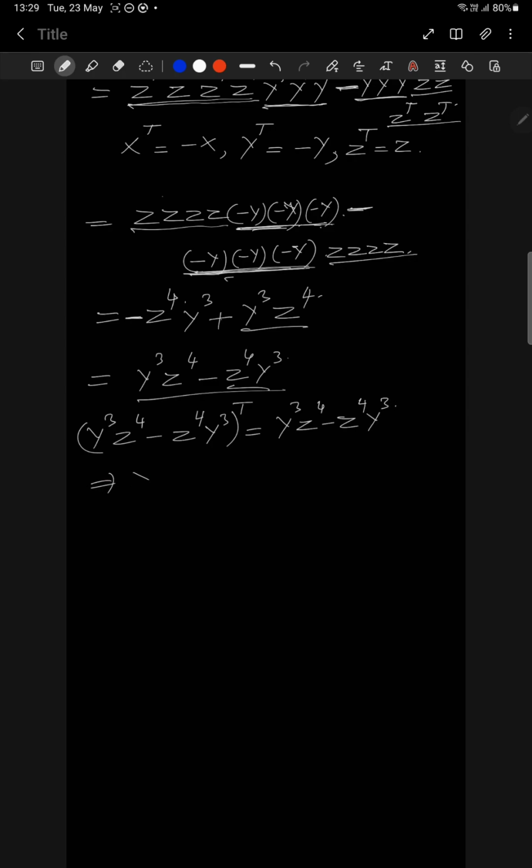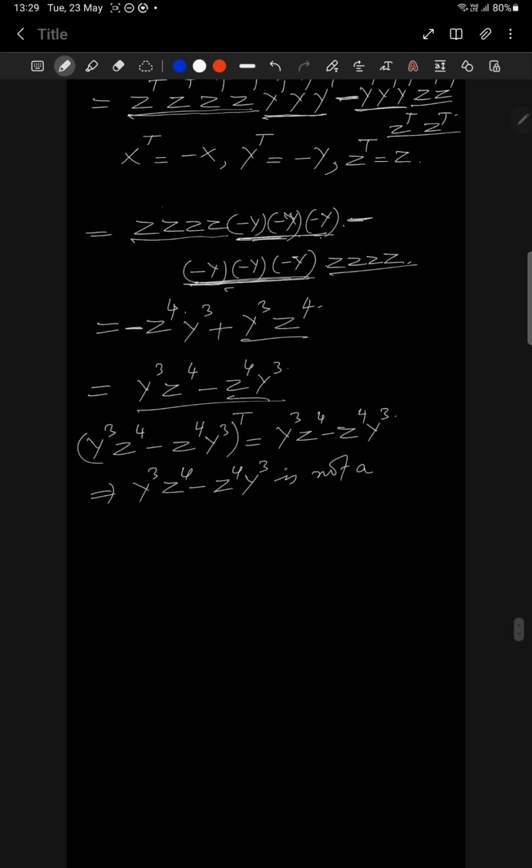So this implies y cube z4 minus z4 y cube is in fact a symmetric matrix.